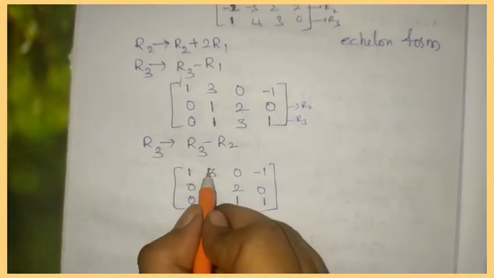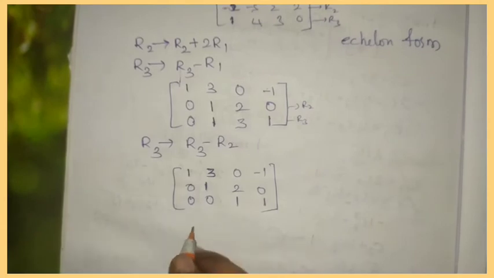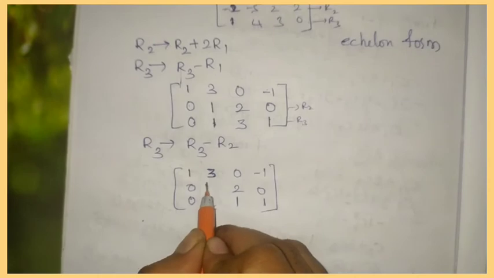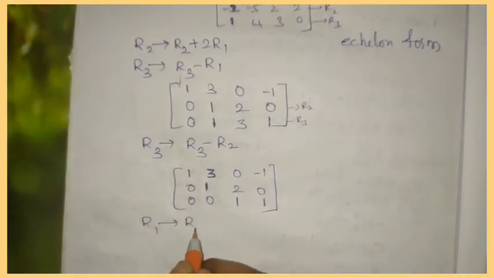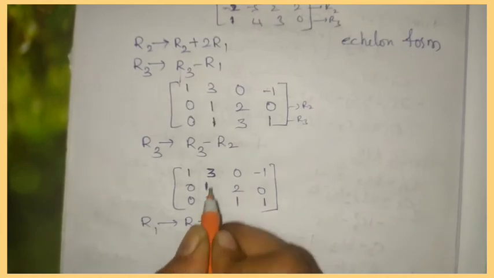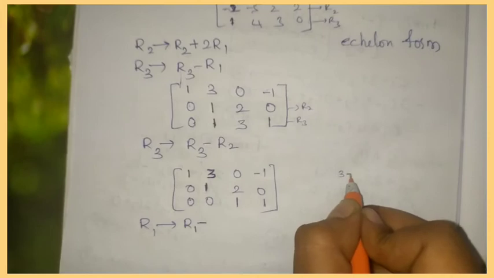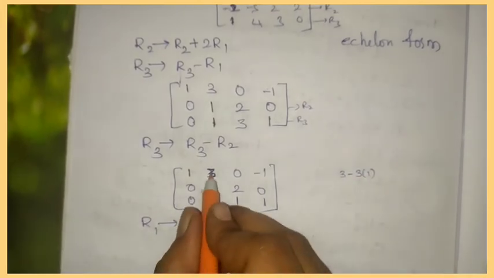Here 3 is there. To make it 0, we are multiplying r2 with 3, means r1 tends to r1 minus 3r2. If we multiply 3 minus 3 ones, then it will be 0.